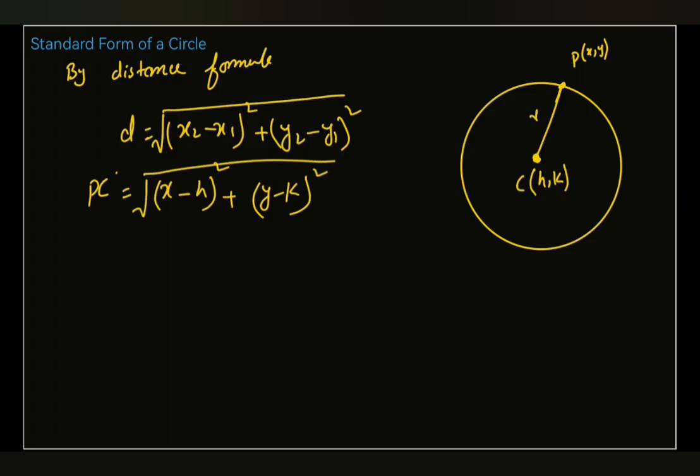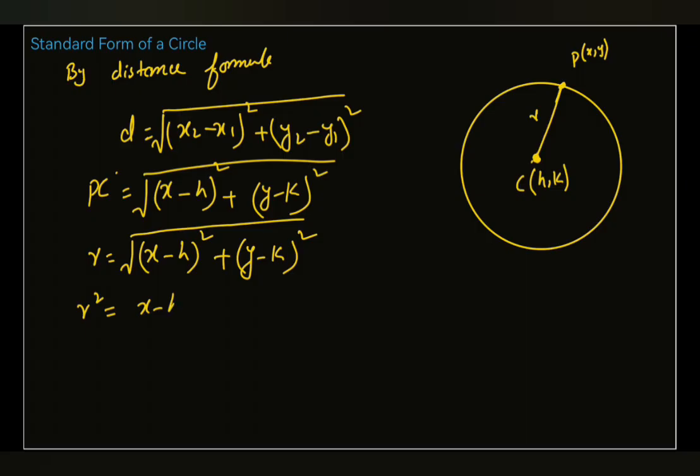Because the distance between P and C is r, we can represent it as r. So r equals the square root of (x minus h) whole square plus (y minus k) whole square. Squaring on both sides, we get r square equals (x minus h) whole square plus (y minus k) whole square.